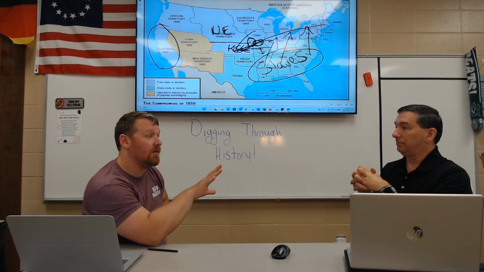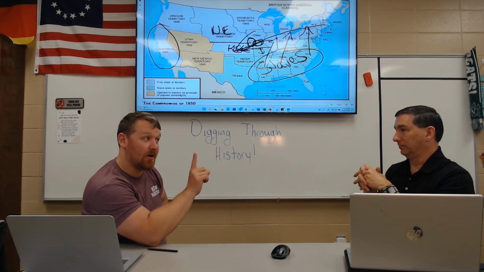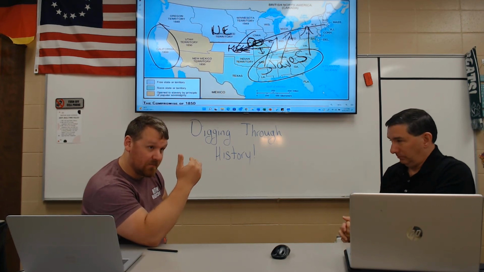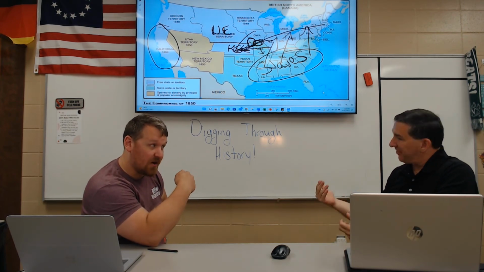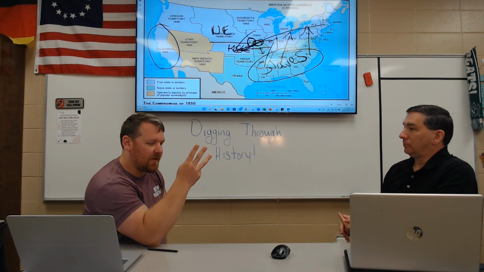Because Roger Taney, Chief Justice of the Supreme Court, who again was from Maryland, mind you, a border state, but still going towards the South, came right out and said three main things.